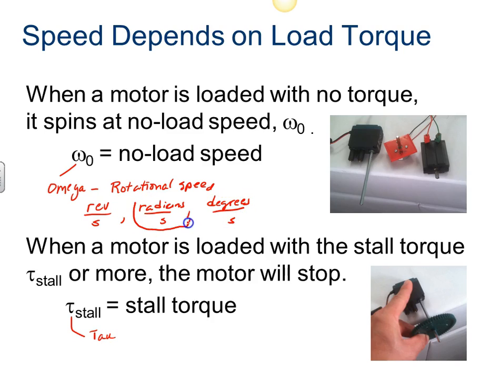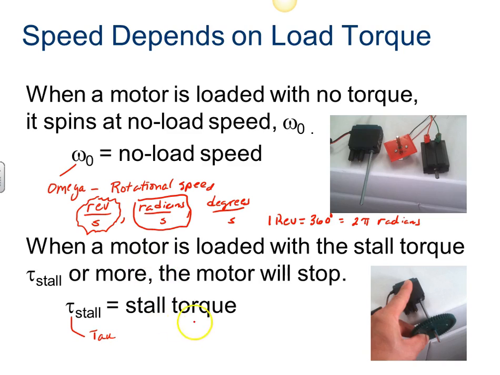Radians per second is actually the SI unit, but revolutions per second is probably the one we're going to use the most. Where one revolution equals 360 degrees equals 2 pi radians.